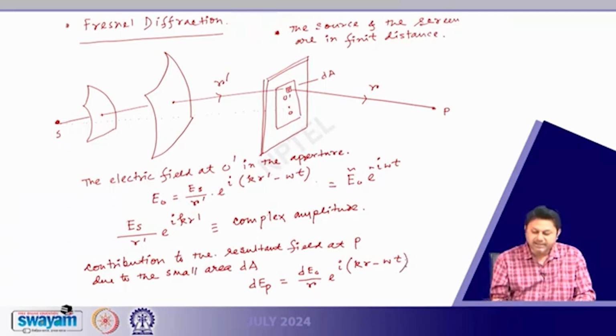Since P is at a finite distance, the wave that is coming from this dA area will also be a spherical wave, and if it is a spherical wave, then that should be the form 1 by R e to the power i(kR minus omega t), that is the form of the spherical wave, and dE naught is a small amount of magnitude that is there.